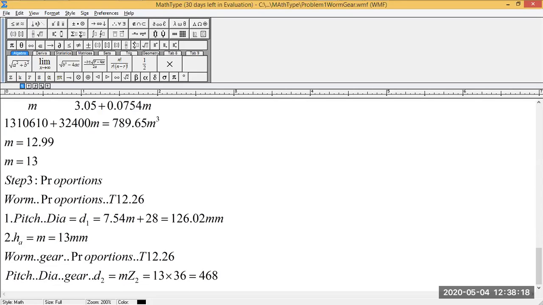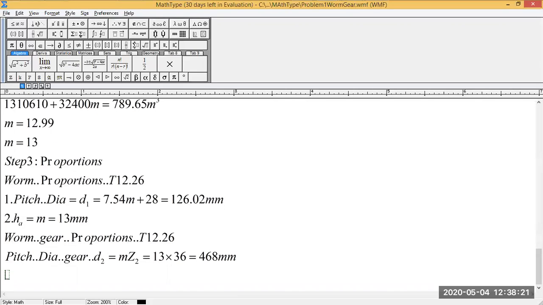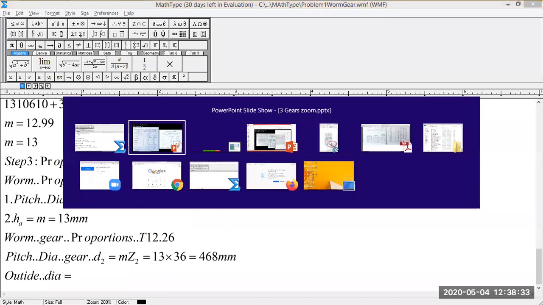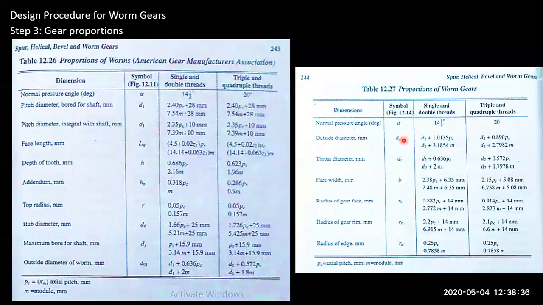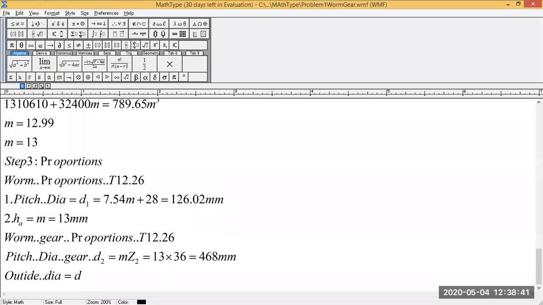468 mm. Okay, so an outside diameter. This is given by the formula here, DO2. Some key dimensions. So we can give it a subscript.